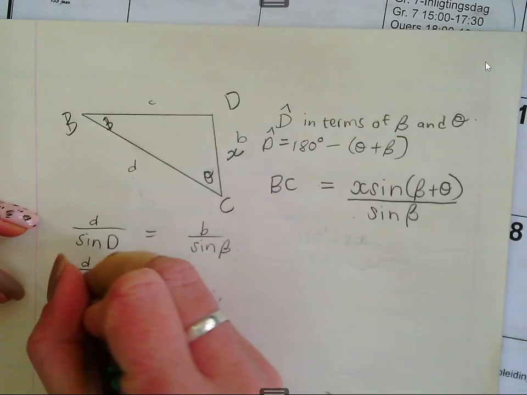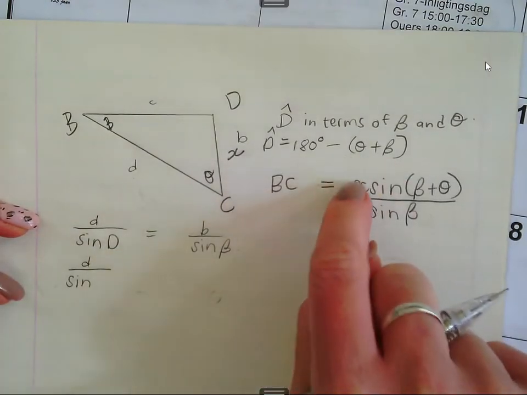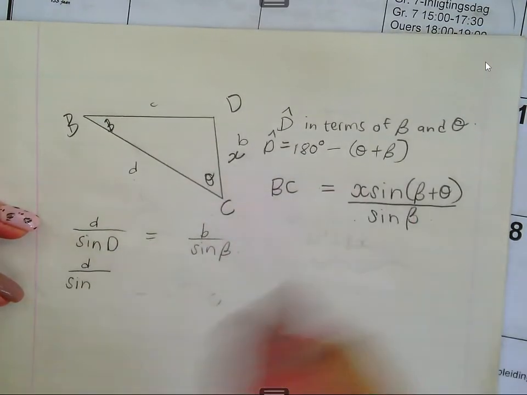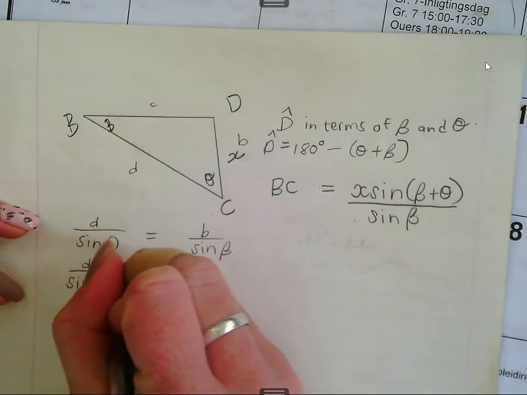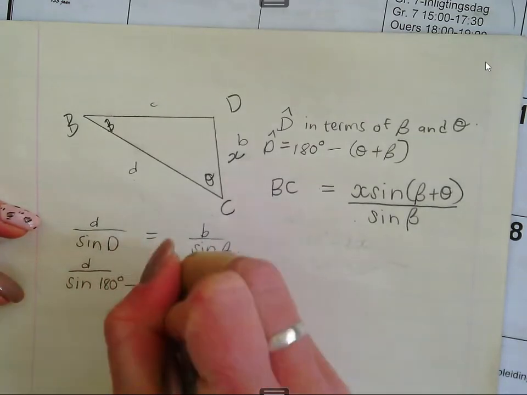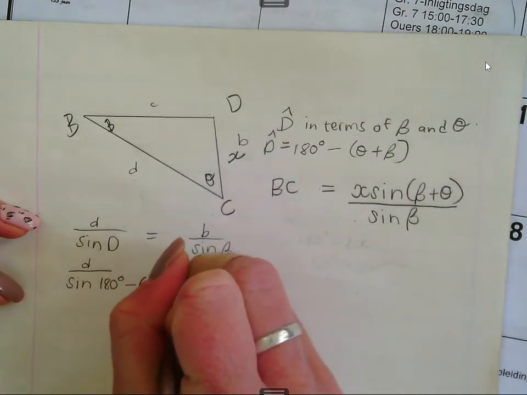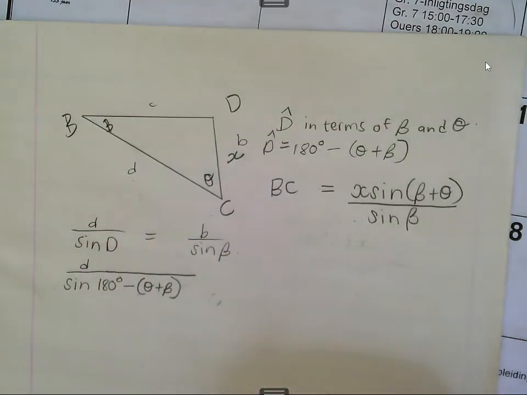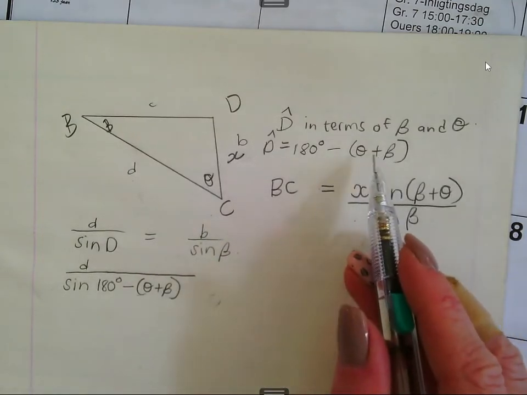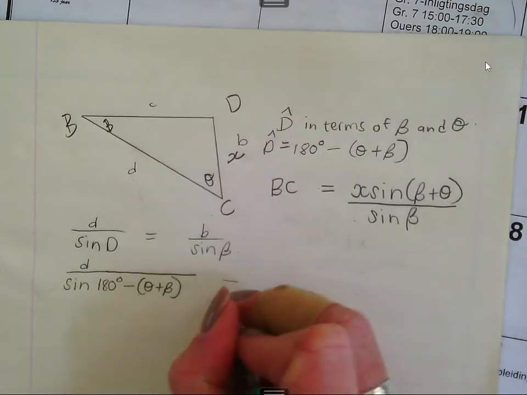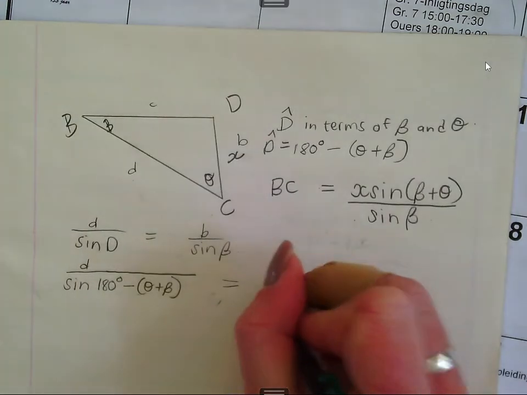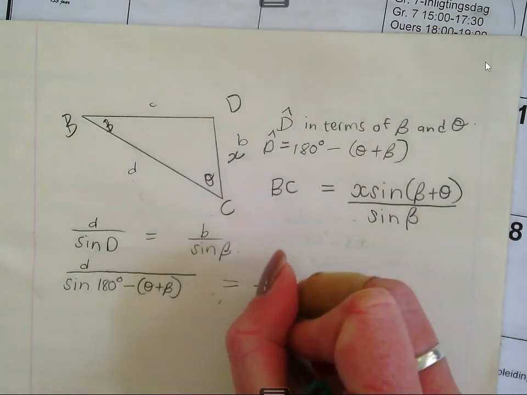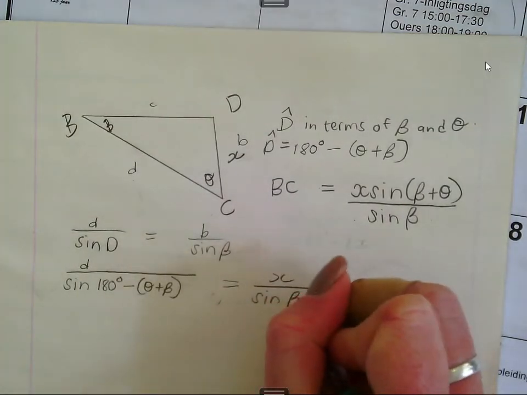Okay, but D, we just wrote it there. Do you see the value of D? So it's going to be 180 minus (theta plus beta), or beta plus theta, it's the same thing. This I got from the first question. Equal to, b is x, and it's sin beta for angle B.